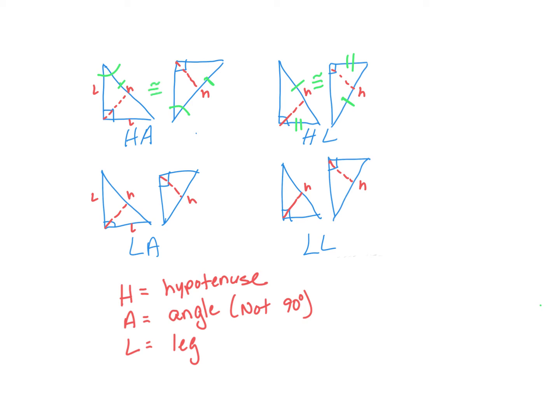Okay? So if this third set of 2 triangles are the leg angle one, you mark a leg, and then you mark one of the angles. And then they would be congruent by leg angle. Okay? And if these are congruent by leg leg, you mark one leg, and then you mark the other leg. And they would be congruent by leg leg.